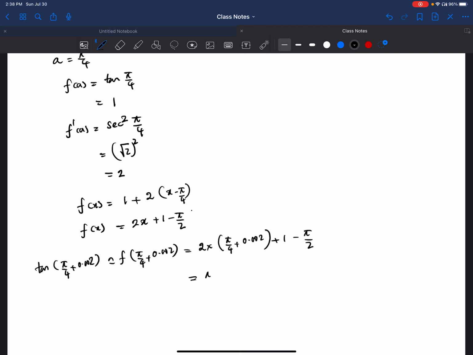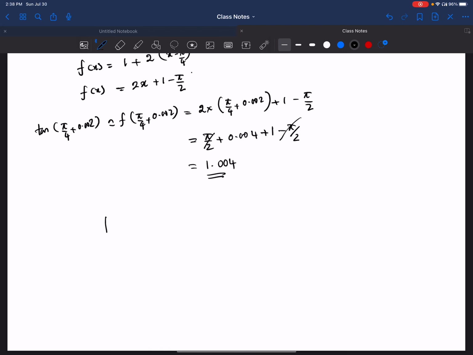So we have pi over 2 plus 0.004 plus 1 minus pi over 2. That cancels this, and then it's going to be 1.004.